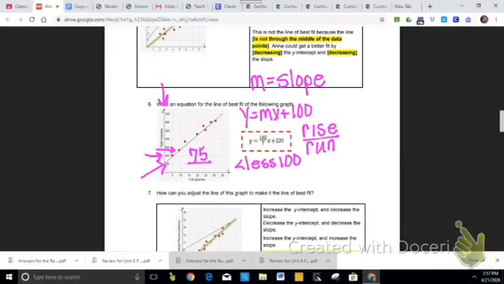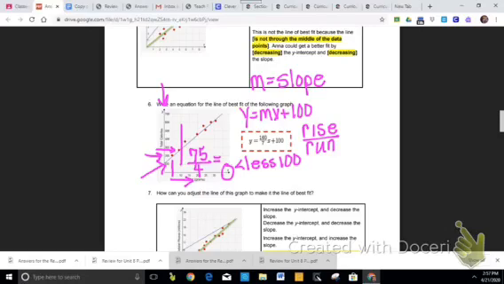But then how much are we running? What are we counting by on our horizontal or our x-axis? We're counting by 5s, and it's not quite 5. It's not quite to the line. So if we said 75 over 4, what would that give us?